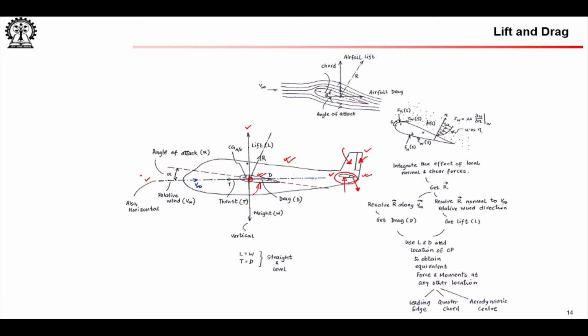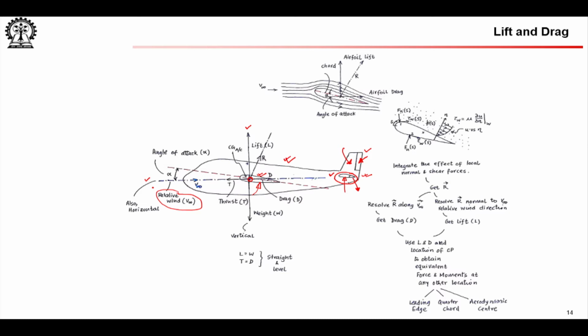Sometimes it might be convenient to use a coordinate system that is aligned with the relative wind. So, you see this is the relative wind. What does relative wind mean? Relative wind means that when the aircraft is moving with a velocity, it is seeing air come towards it at a certain velocity, magnitude and direction. So, that is the relative wind.